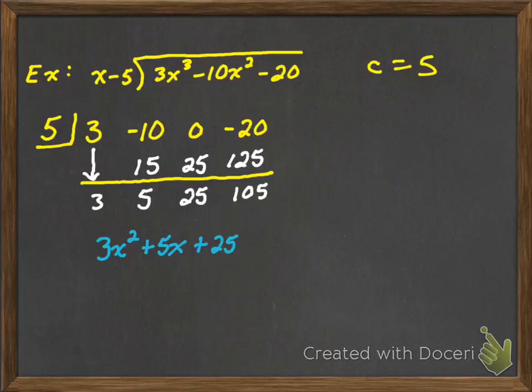Now this time we have a remainder, and just like we did with long division, it's a positive 105, so we're going to put plus 105 over what we divided by. Now what we originally divided by was this x minus 5, so that is what we put in our denominator here.